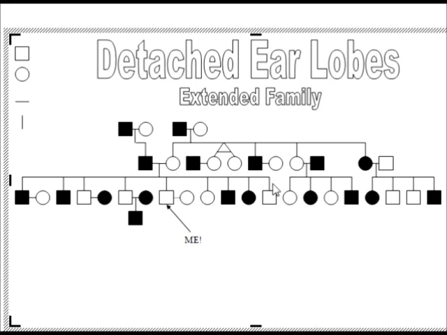So this pedigree chart is incomplete, but it still has enough information that we can use it to get a good estimated guess of where this gene for detached earlobes is located. We can get a little closer to knowing where it's at.